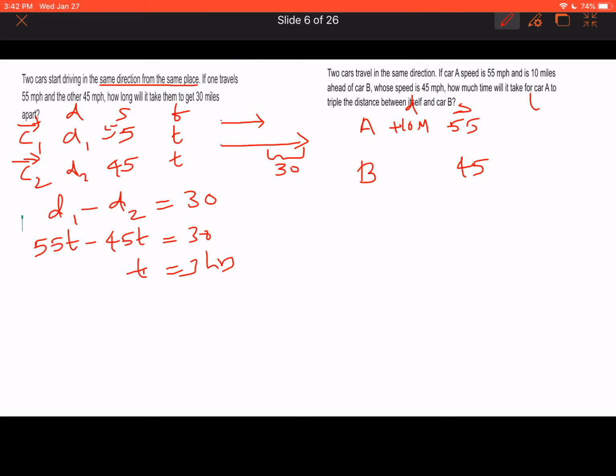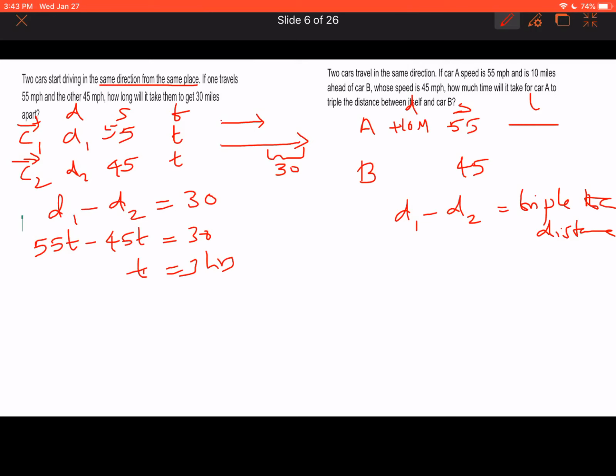So we have to increase the distance by 3 times. 3 times 10, that is 30. Okay, triple the distance. Okay, so I cannot straight write 30 because see the representation of the car, I can show it like here.